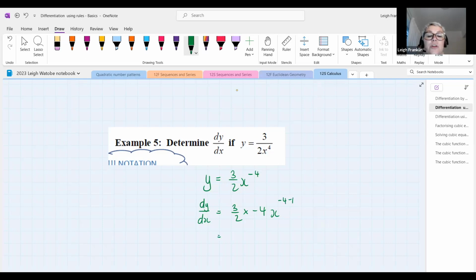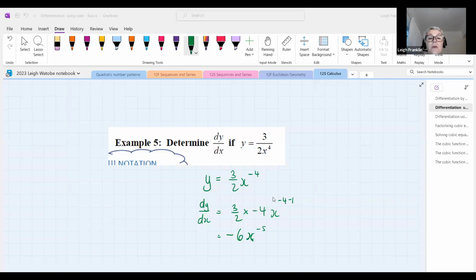Okay, and then let's just tidy that up a little bit. What would you have when you said 3 over 2 times -4? You'd end up with a coefficient of -6. Excellent. X to the power of -5. Beautiful. Well done, William.